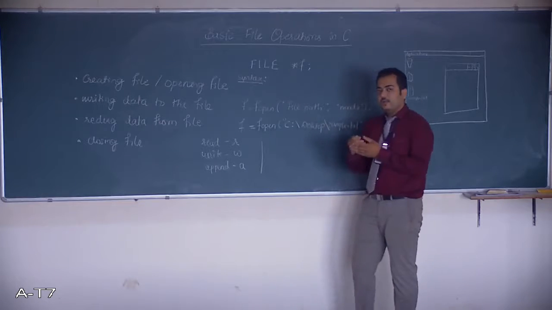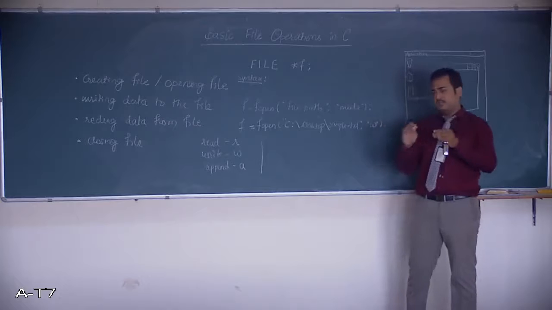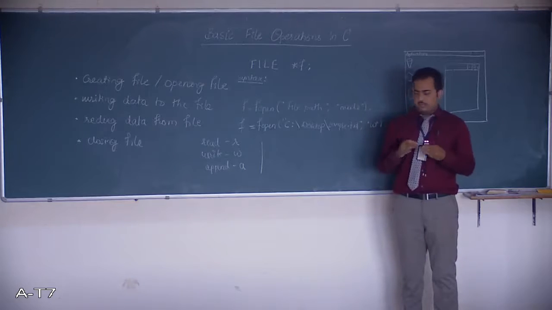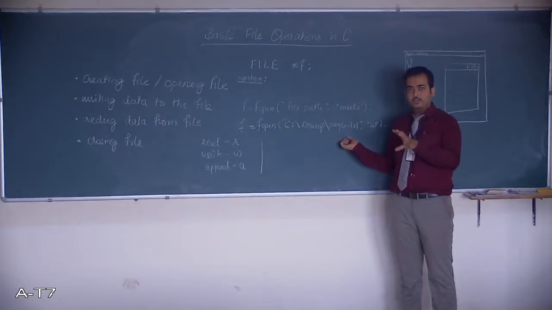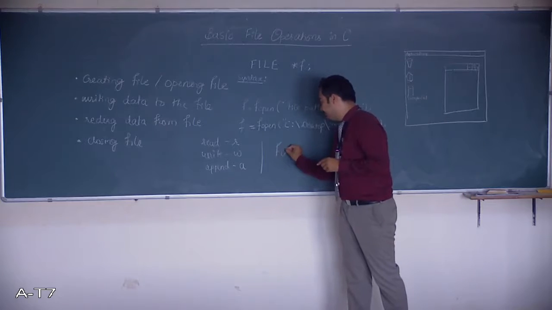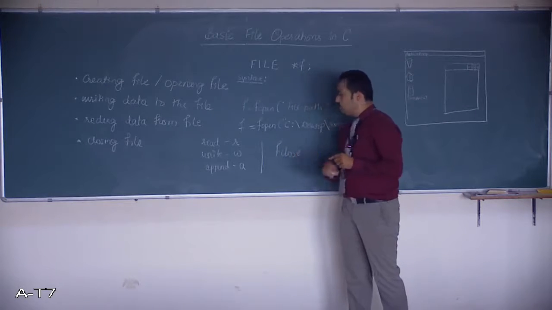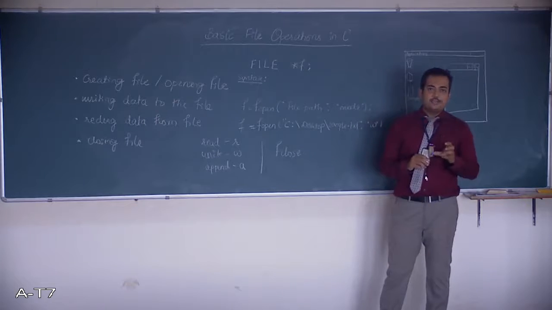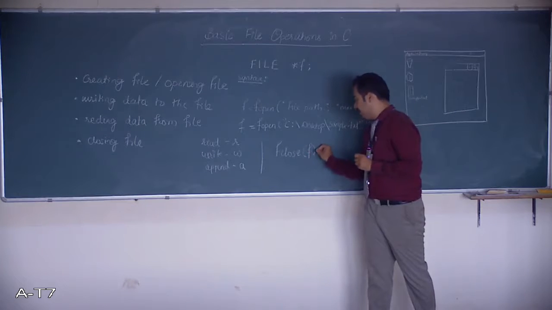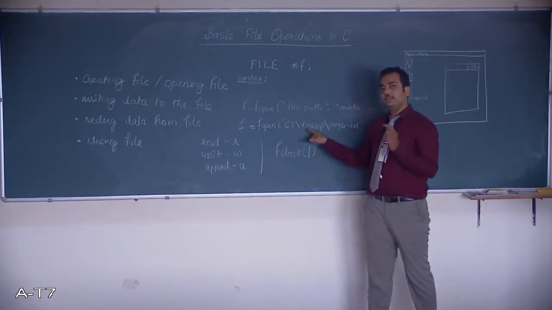Now once you are done with writing data into the file, and there is no data left to write into the file, the next thing is you have to close that file. To close the file, we use the function fclose, and then we have to mention the file pointer which is pointing to that file.